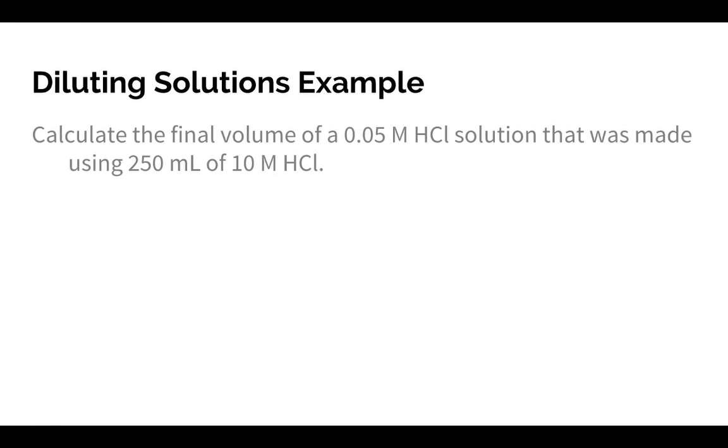Here we're being asked to calculate the final volume of a 0.05 mole per litre, so the large M can sometimes be used to represent moles per litre, hydrochloric acid solution that was made using 250 mLs of a 10 mole per litre hydrochloric acid solution. So we know that C1V1 is equivalent to C2V2.